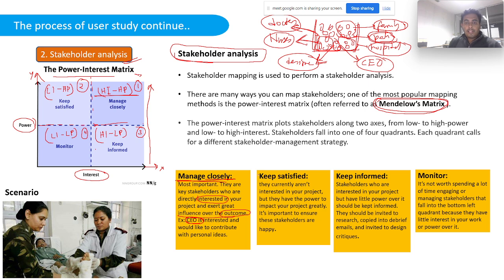The second type, this particular quadrant, describes a person who has low interest but high power. That means currently they are not interested in the project, but they have power to impact your project greatly. So imagine you talked about the hospital authority.